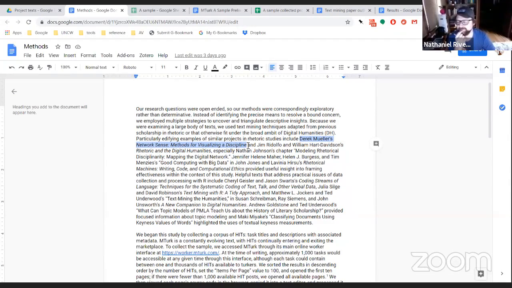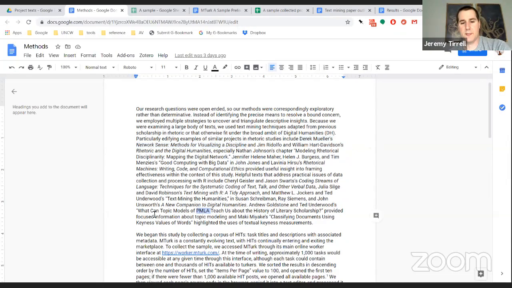But in a more contemporary mold, a lot of what you see is, as you see with Mueller, you also even see it with the Goldstone and Underwood, where you'll see from the title, what can topic models of PMLA tell us? So it's about the journal. Yes. So what do we understand about the discipline from the journal? Mueller's doing that in a lot of his work, and this again builds on his DIS work, which also was about visualizing the discipline. Yeah.